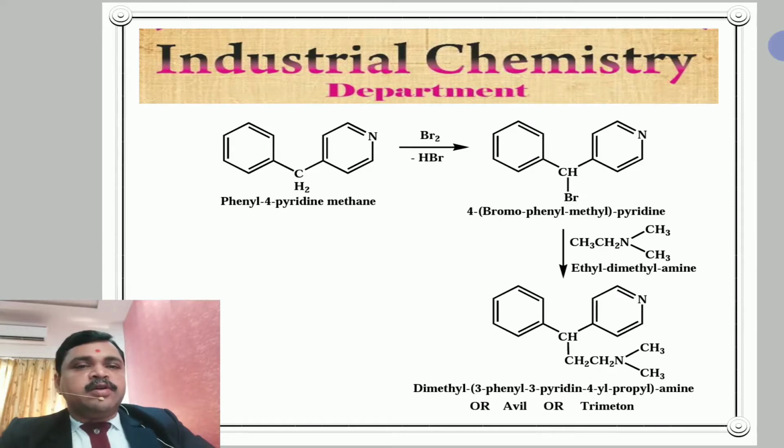Chemically, Avil or Trimeton is dimethyl 3-phenyl 3-pyridyl propylamine. I repeat the name. It is known as Trimeton, and the trade name or market name of this compound is Avil. Avil is also a well-known allergy medicine today.